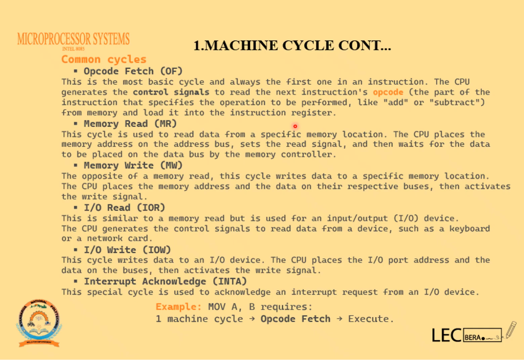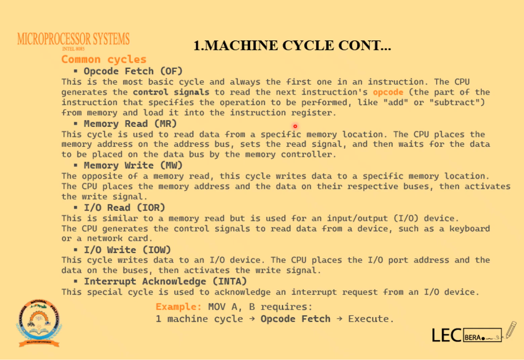If that device is going to interrupt, the microprocessor has to answer with what? Interrupt acknowledge for the data to be exchanged. So that interrupt acknowledge has special machine cycles under what is called interrupt acknowledge.